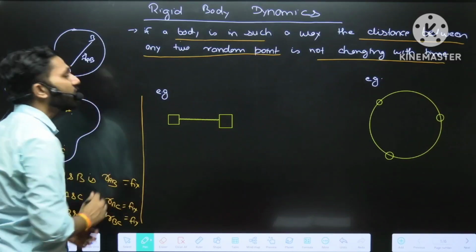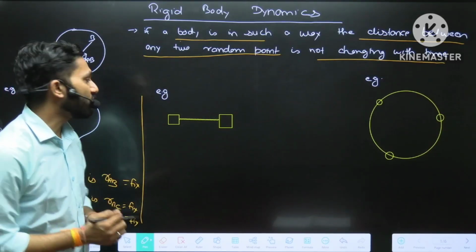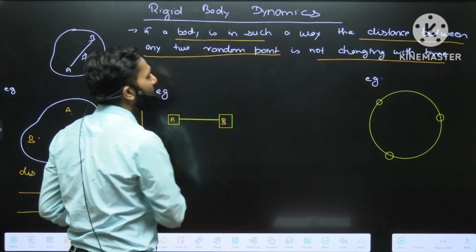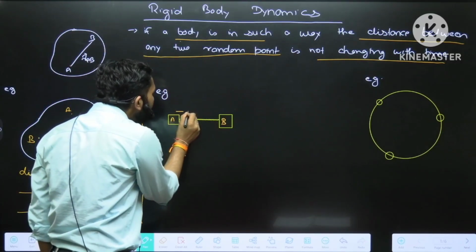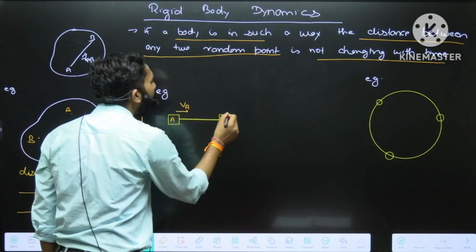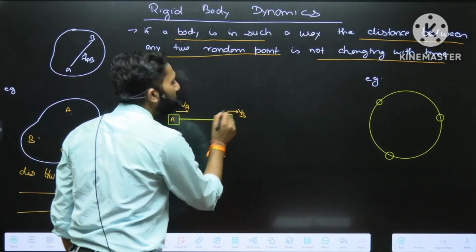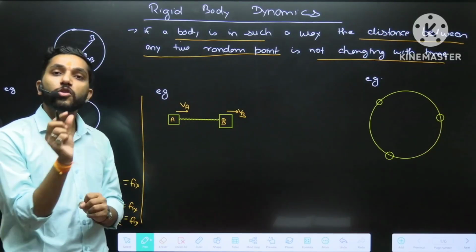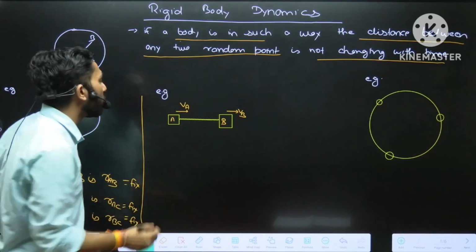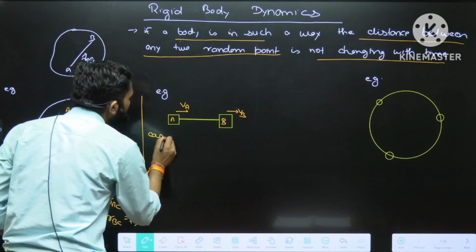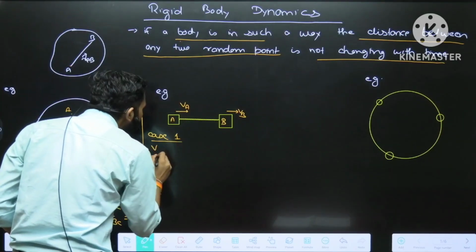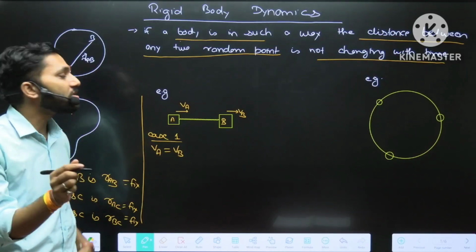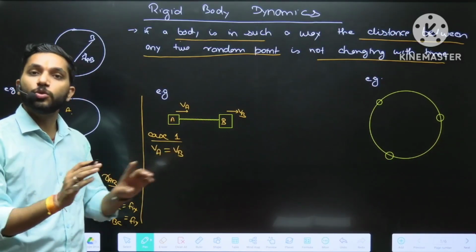Take the next example. Assume we have a spring block system. There is a spring connected with two blocks, namely A and B. We give a velocity VA to block A and VB to block B. In the first case, case 1, the velocity of A is equal to the velocity of B. It means that with time the distance between A and B is not going to change.